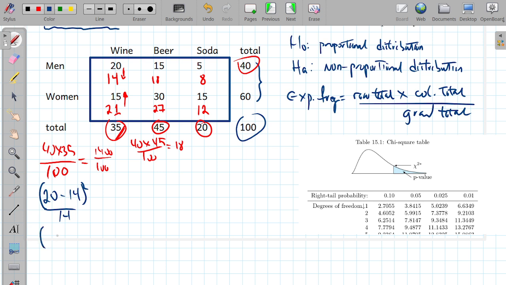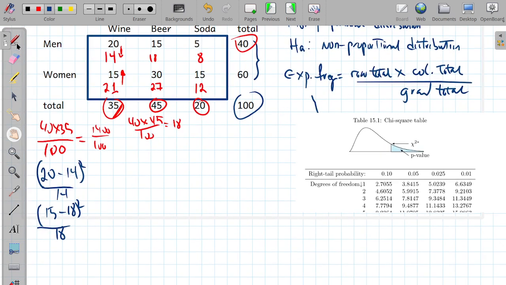And then we're going to have 15 minus 18 squared divided by 18. And then 5 minus 8 squared divided by 8. So that'll be the top row.